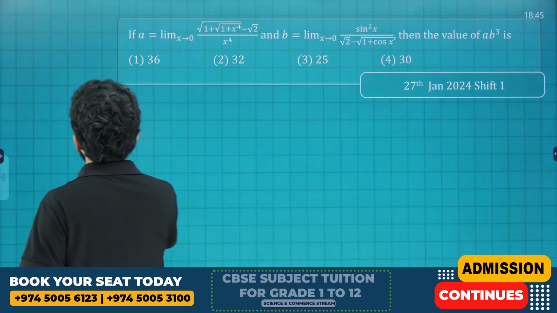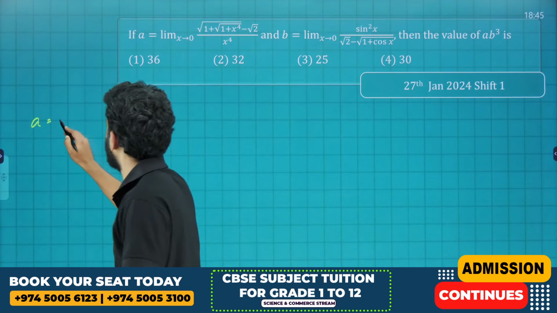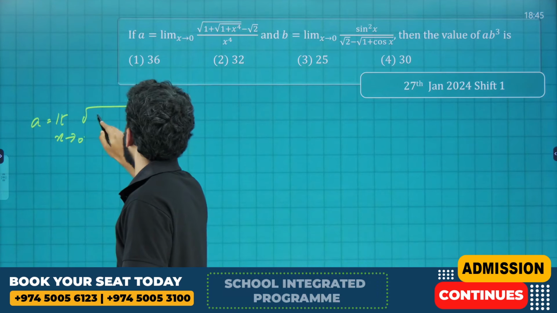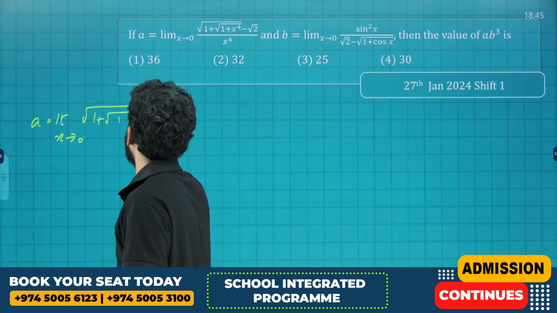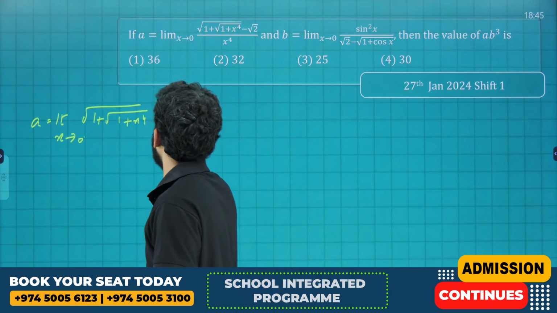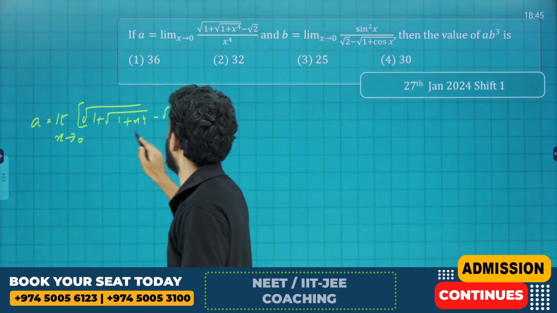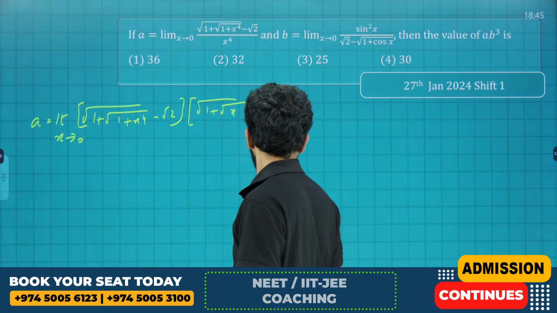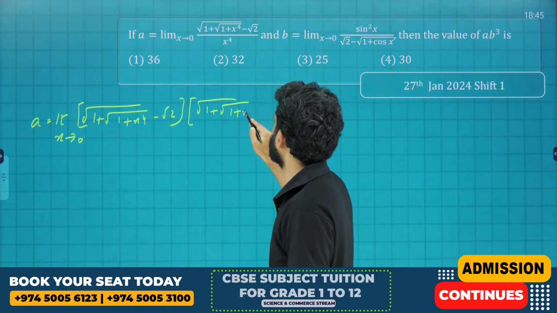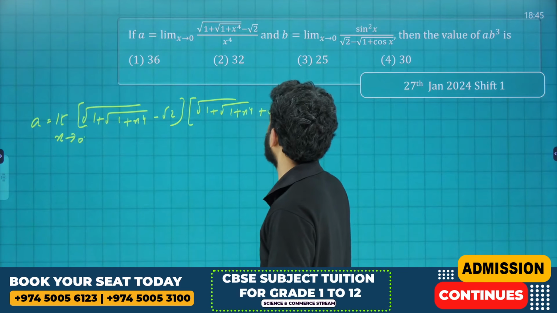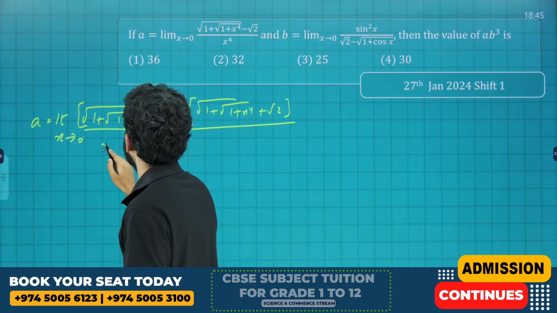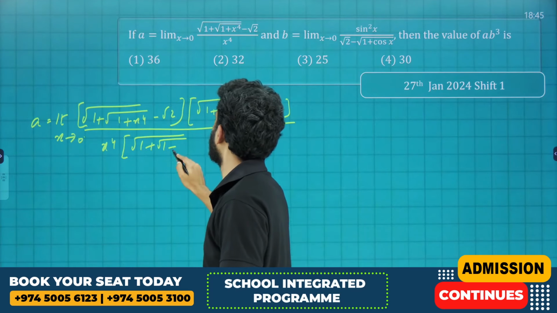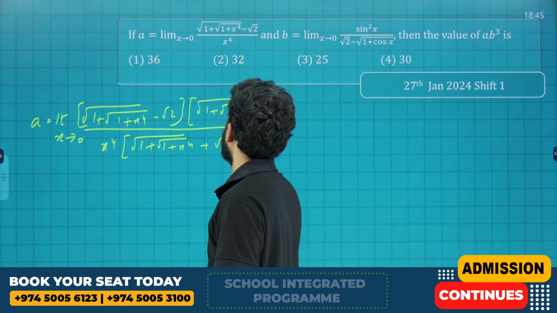Therefore A is equal to the limit as x tends to 0 of (root of 1 plus x squared minus root 2) into (root of 1 plus x squared plus root 2), divided by x raised to 4 into (root of 1 plus x squared plus root 2).